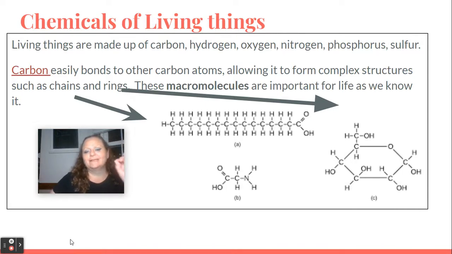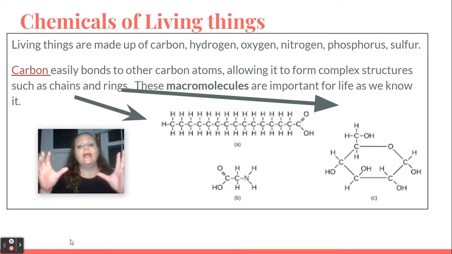Carbon is a really, really cool atom. It has those 4 electrons in the outer shell. And because of that, they're actually able to bond to each other. Carbon can bond together. It can bond to other molecules. It can bond to another carbon and another molecule. So carbon's really kind of cool.